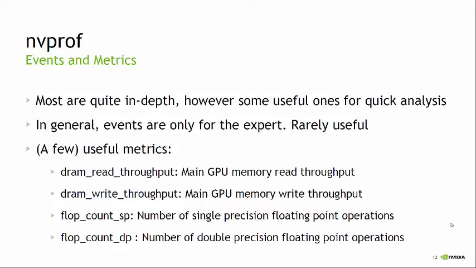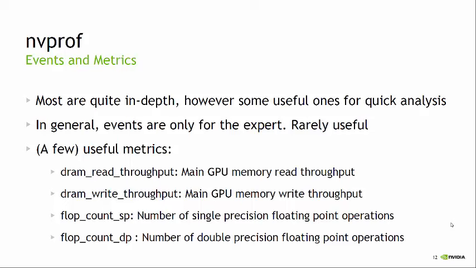It is bound by floating point throughput, or it is bound by memory throughput. You can find out the theoretical peak floating point throughput, the theoretical peak memory throughput, and if you then compare DRAM read throughput plus DRAM write throughput to the theoretical peak, you can see how close to peak you are, therefore how much room for improvement there is.